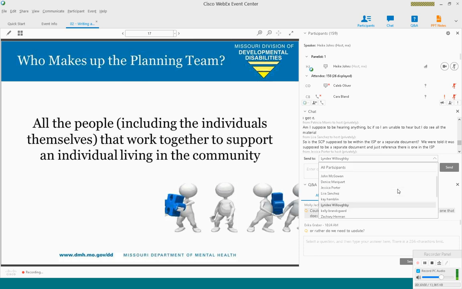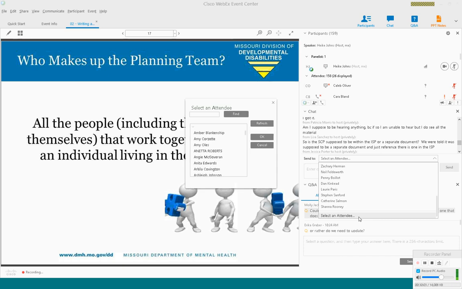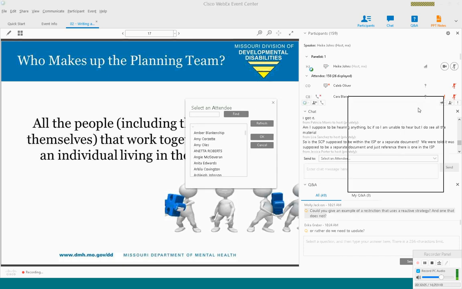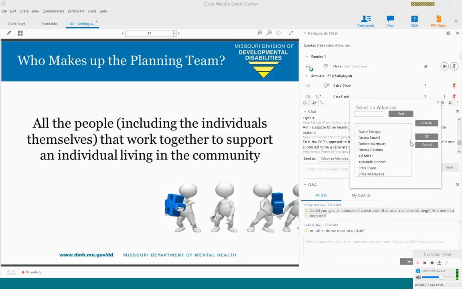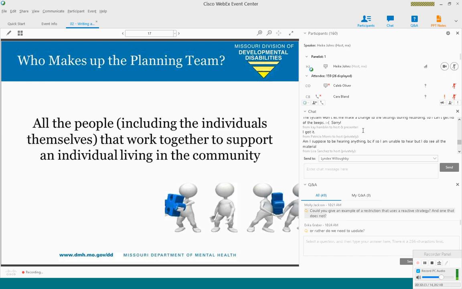It really depends on how many paid services are in place and how many unpaid or natural supports the person has. Some common participants in a planning team would be the individual, obviously, because it's their team, and direct care staff that work with the person. These people are incredibly important because they spend most of the time with the person and have a lot of good input on what might work and what might not work.